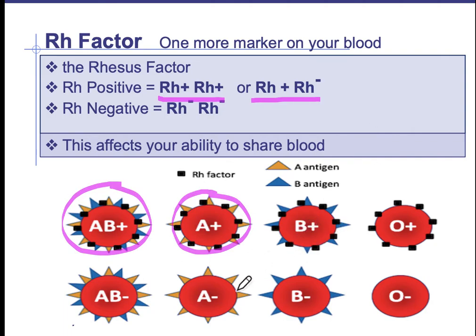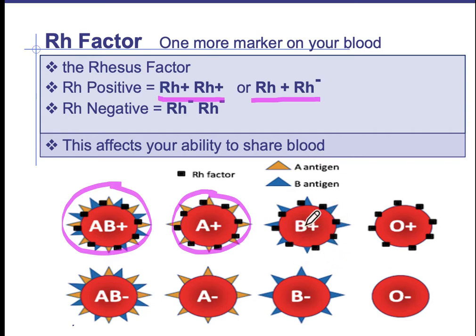With B positive, they can take B blood, O positive blood, B negative blood, and O negative blood. Okay? Essentially, if you're positive, blood that has a negative factor is not going to cause a reaction.